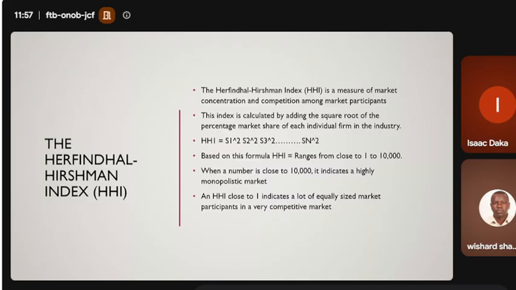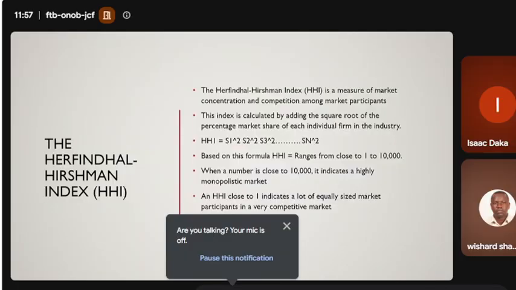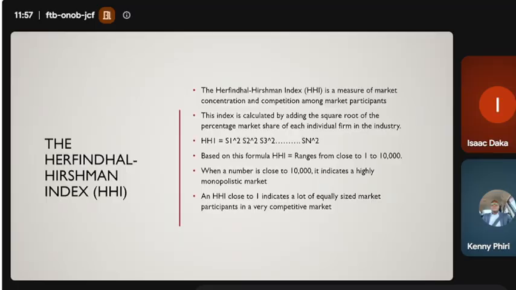When it's close to 1, it indicates that a lot of equally sized market participants have almost equal share of the market, and this is a very competitive market. So now, based on the figures that we've gotten for the telecommunications industry, what does the HHI tell you?